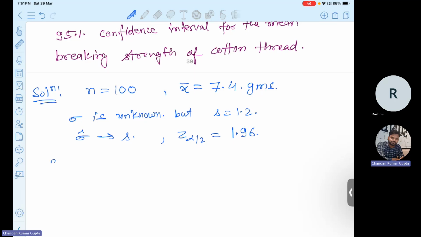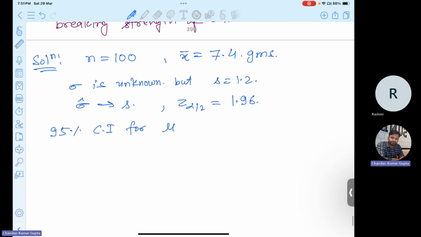Now the 95% confidence interval for mu is x bar minus plus z alpha by 2 times sigma by root n. This formula is used directly, with sigma cap instead of sigma.